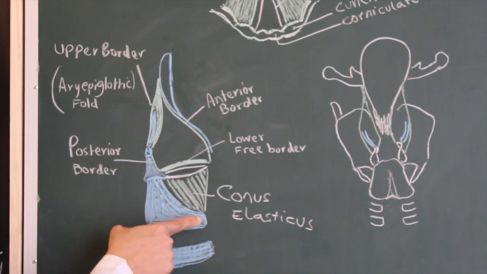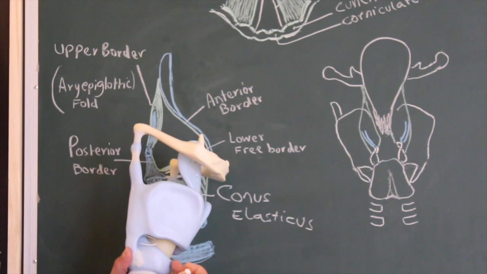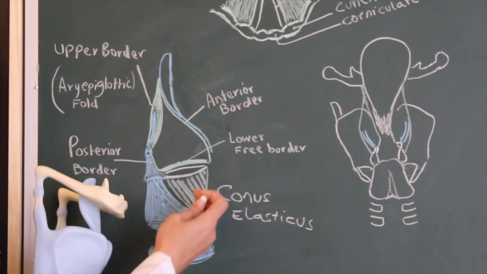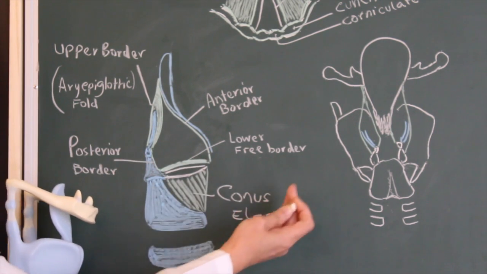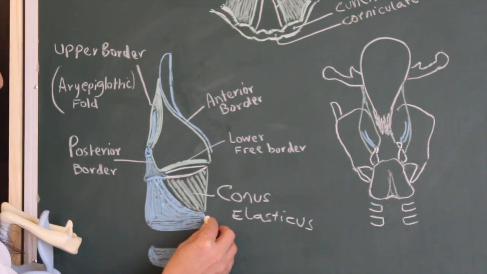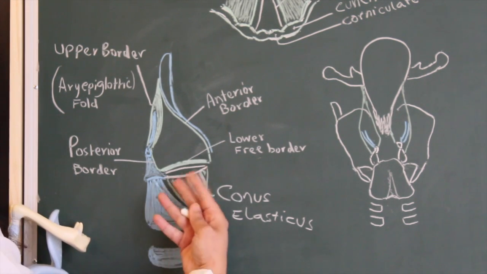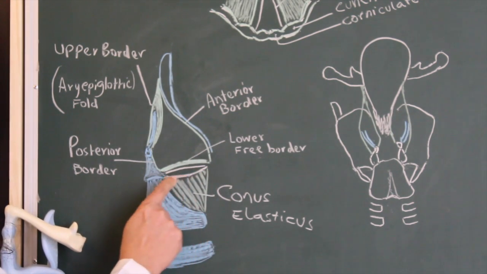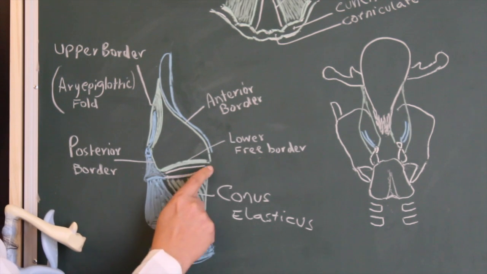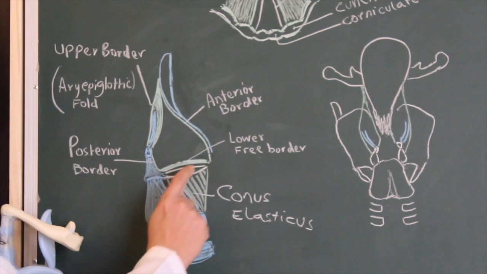So here is the anterior arch of the cricoid cartilage, and we have removed the thyroid cartilage lamina, so you're able to see how the median ligament is going in and expanding in a conical fashion, and its free upper or superior border is giving rise to the vocal cord, or the vocal ligament.